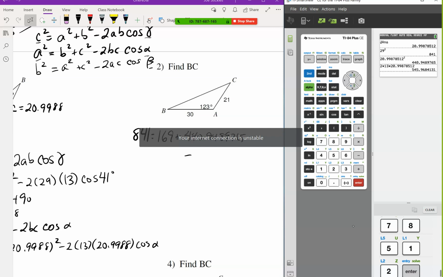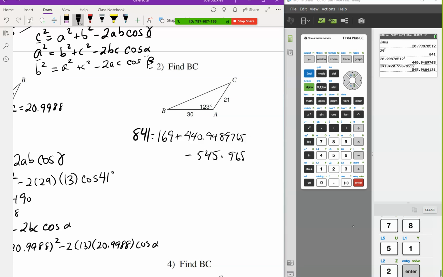We get 545.9684131, and that's still times the cosine of the alpha there. So I want to solve for cosine alpha. I'm going to do a couple of steps at once. To get cosine alpha by itself, I need to subtract these two values to the left-hand side and then divide by this coefficient.